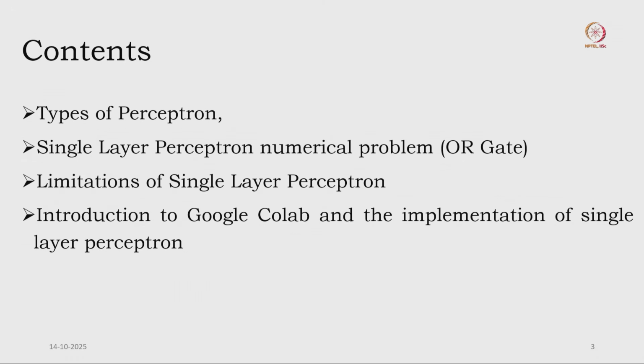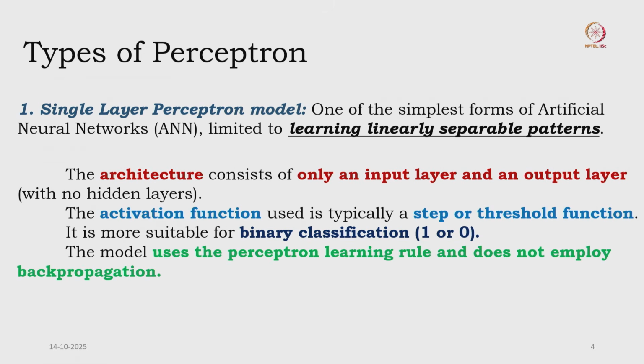Once we understand the single layer perceptron limitations, we will go to the implementation of single layer perceptron, and here in the implementation we will be using Google Colab. So first, for a few minutes, we will understand what Google Colab is and get familiarized with the Google Colab environment, and then we will see the implementation of single layer perceptron.